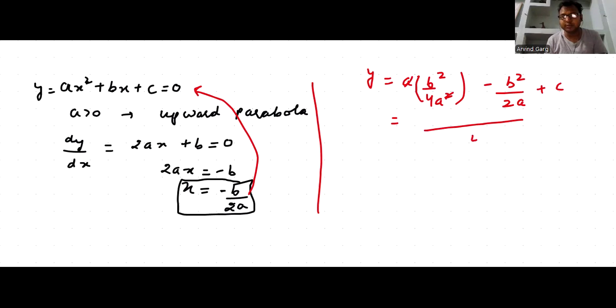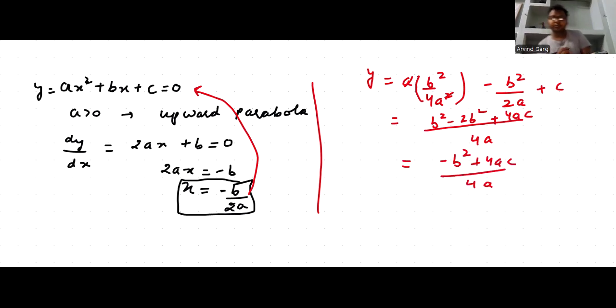So you can write 4a is the LCM only. So it's 2b square minus, it's b square minus 2b square plus 4 into a into c. So it's minus b square plus 4ac divided by 4a.